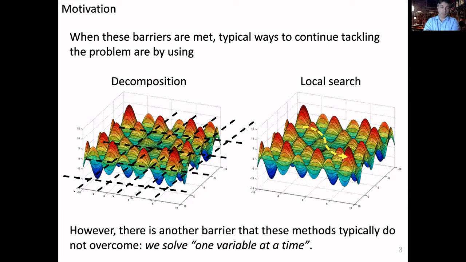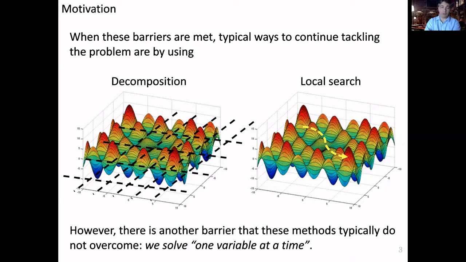But with these two approaches, we still have another barrier, and that barrier is sometimes not less important, but even more important than others. The barrier is that in all these methods we normally solve one variable at a time.